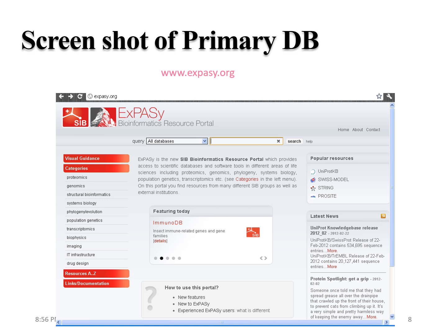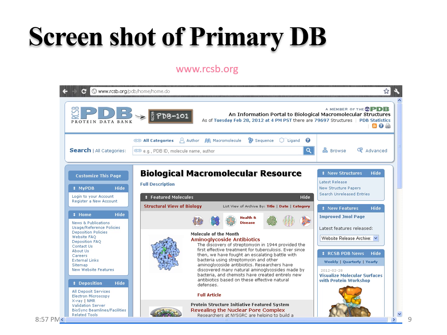The next slide shows a screenshot of another important primary database, called ExPASy, which is maintained by the Swiss Institute of Bioinformatics, and it contains protein information and also tools that are required for handling the protein data. Similarly, this is another important primary database which stores structural information.